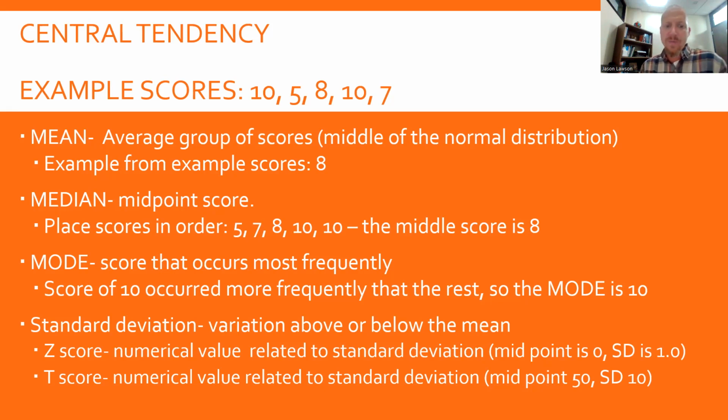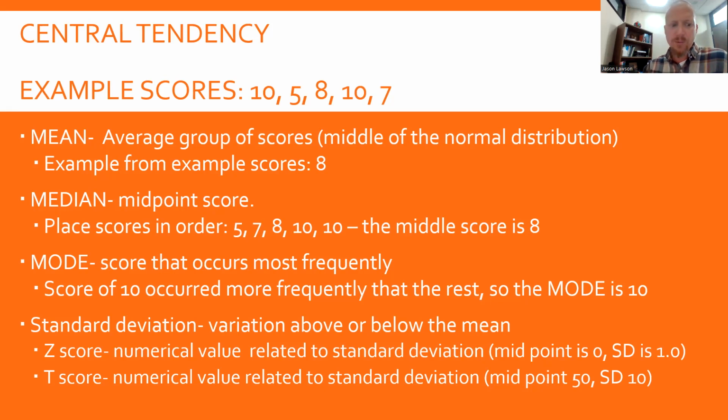A t-score is a numerical value related to standard deviation. So in the example we looked at, a t-score is nothing more than a standard score with a particular scale. The midpoint for a t-score is 50, and then the standard deviation plus or minus would be 10 points from that 50.